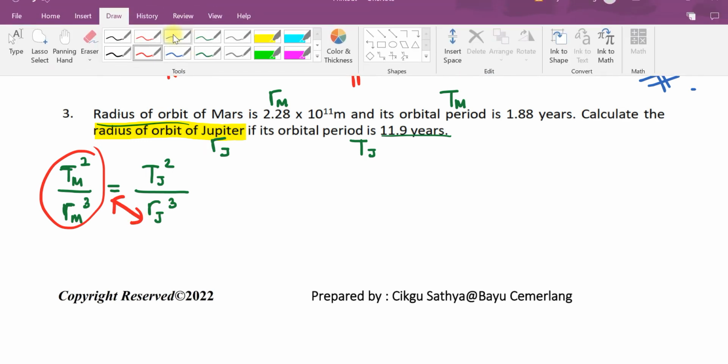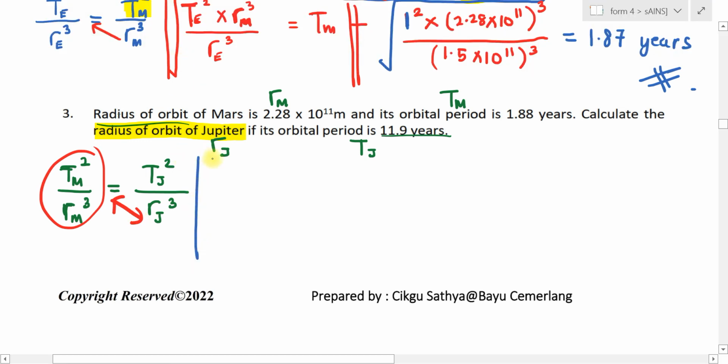Maka dia akan bentuk macam ni. Okay, your R J, saya letak cube sekejap je, nanti kita padam. Okay. So kita ada T square J yang ni.